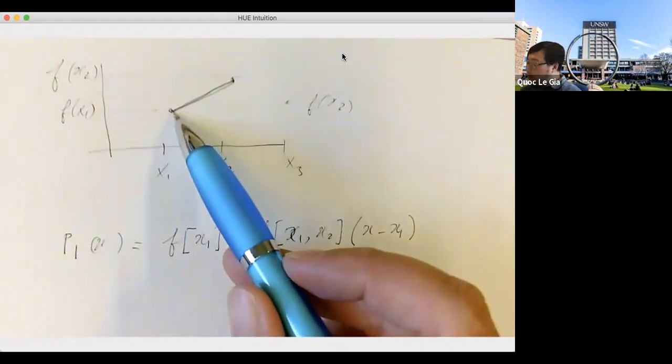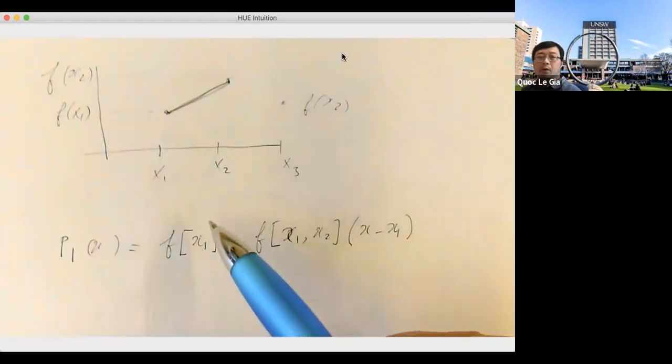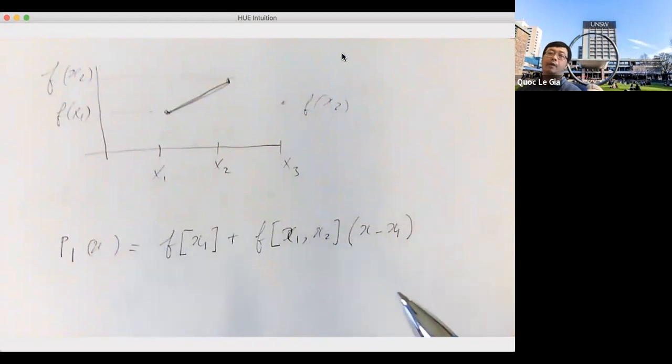This is the equation of the line through x1 and x2, written in divided difference format. And then you construct P2.